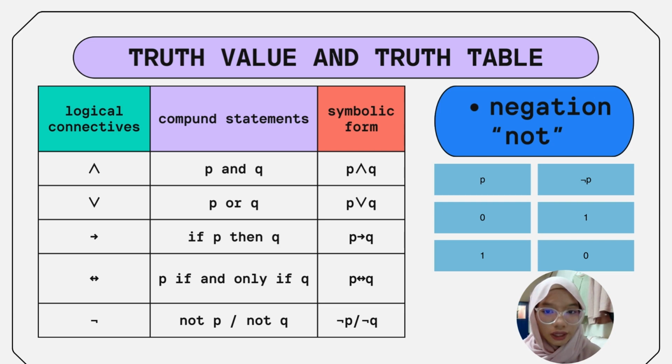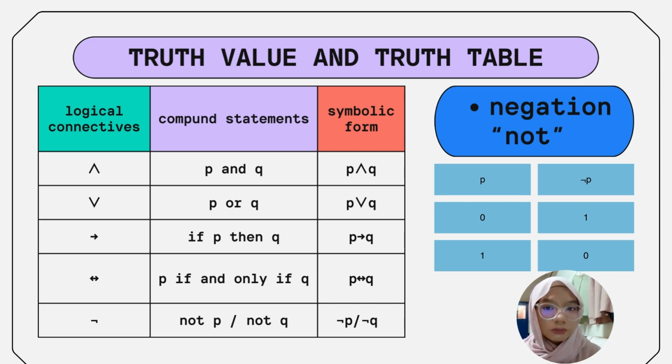For the conjunction, P and Q. For the disjunction, P or Q. For the conditional, if P then Q, P arrow Q, the arrow is called implies, so P implies Q. For the biconditional, P if and only if Q, P with two arrows and Q. And negation, not P or not Q, there is a not in front of the P or Q.